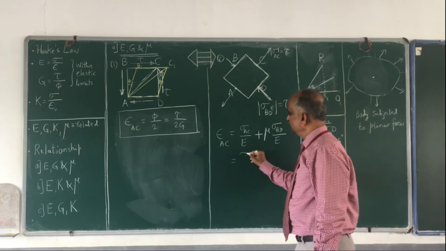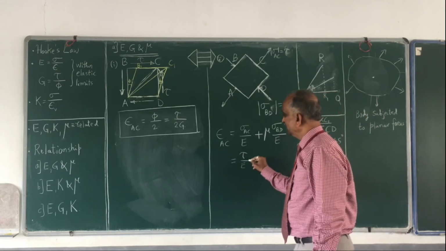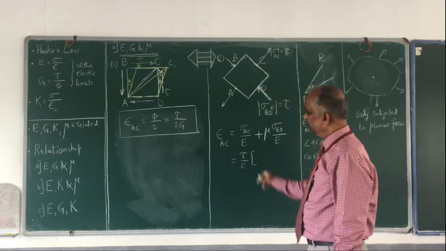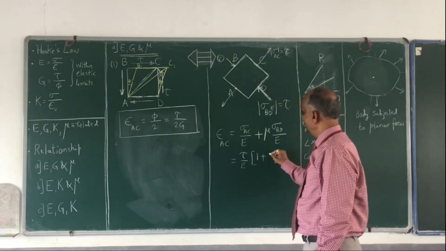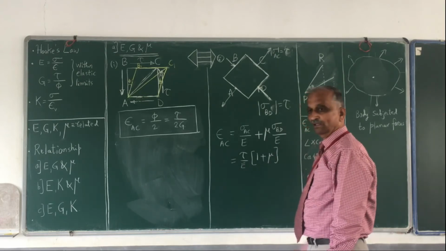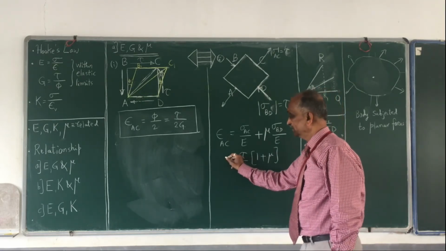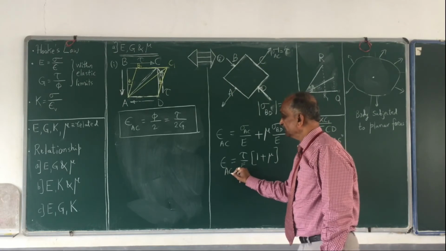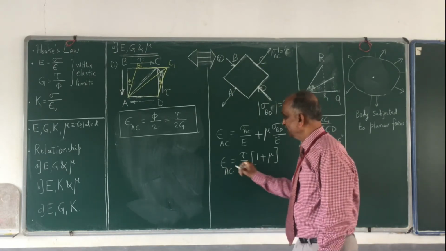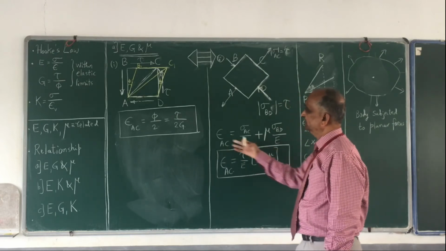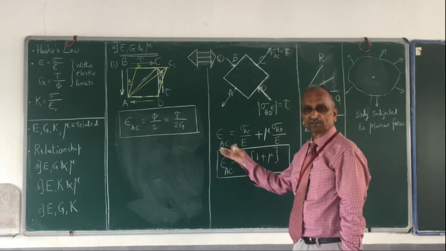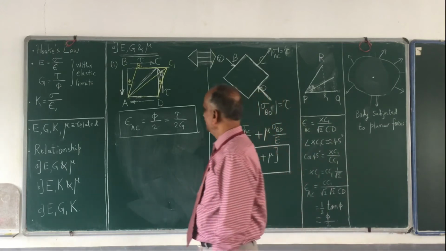So I shall take tau by E common separately: tau by E into 1 plus mu. What is this? Epsilon AC. The strain along the direction epsilon AC is given by this, and it is also given by the earlier expression. Both of them must be the same, and therefore equate the two.